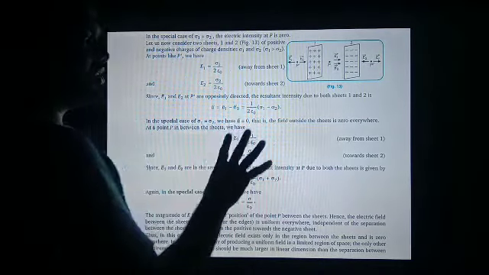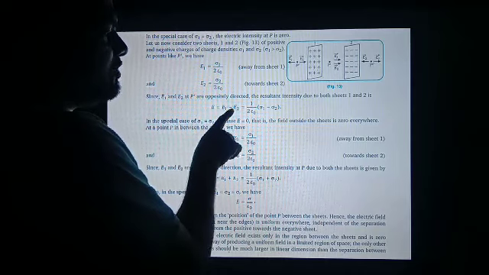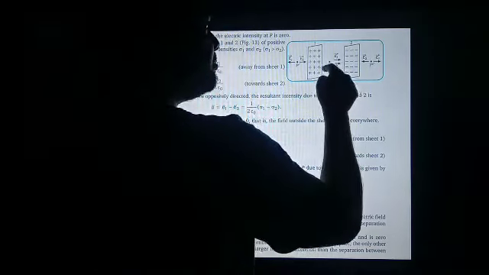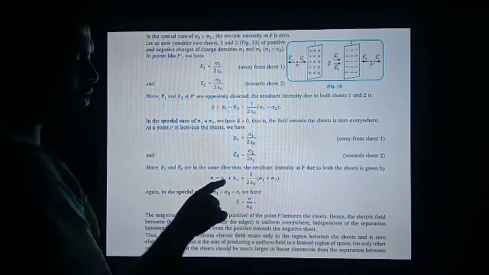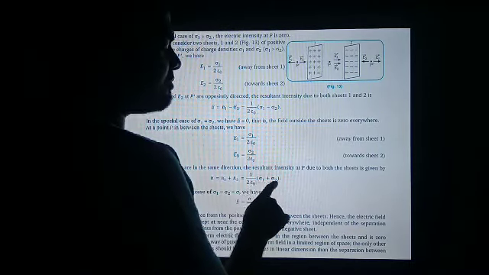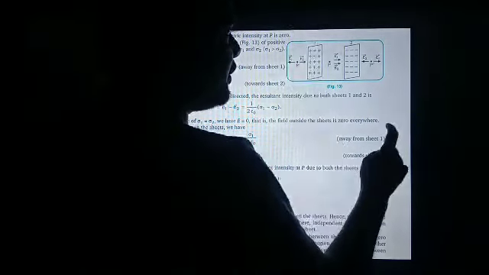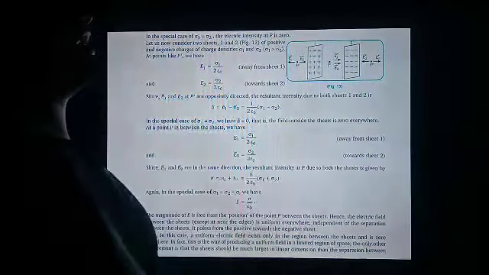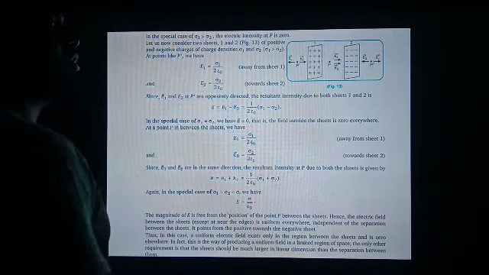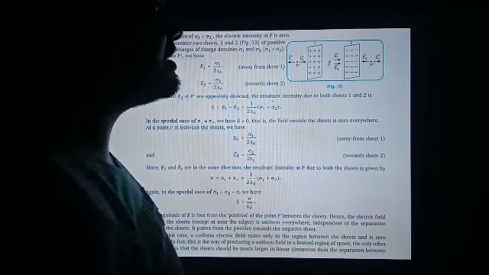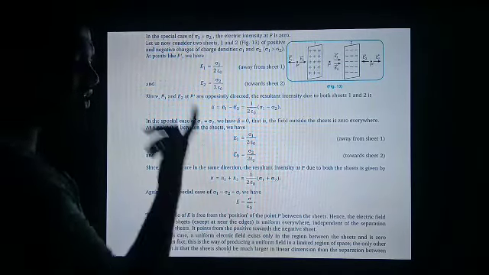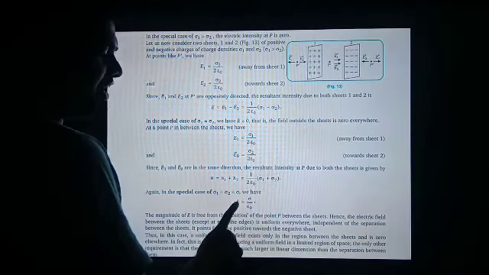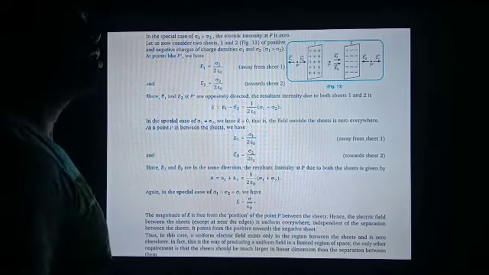So here the general formula will be E is equal to E1 minus E2, that is 1 upon 2 epsilon naught sigma 1 minus sigma 2 here and here, and between the plates it will become E is equal to E1 plus E2, 1 upon 2 epsilon naught sigma 1 plus sigma 2. It means the electric field intensity due to the charge sheet you have to consider according to the direction of electric field. But suppose both charge sheets have equal charge density, then the general formula for these two cases will become 0. But between the plates the electric field will become sigma upon epsilon naught.